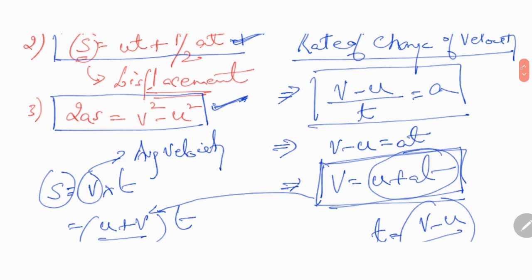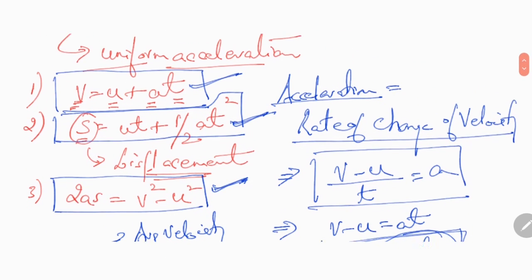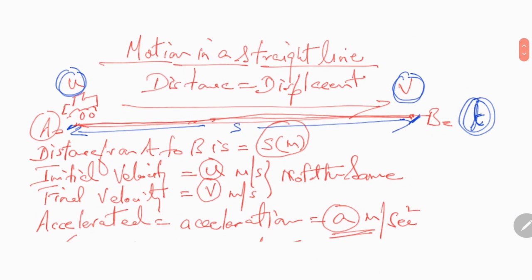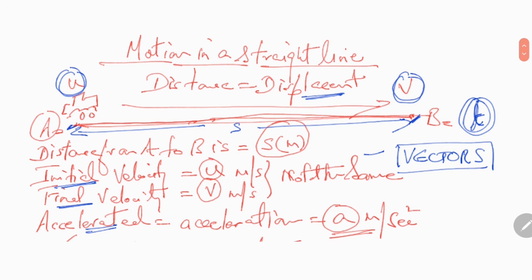So it's extremely important that you understand how these three formulas work together. And also please understand that whether it is the displacement, initial velocity, final velocity, or acceleration, all of these are vectors, which means you have to be very careful about the sign convention.